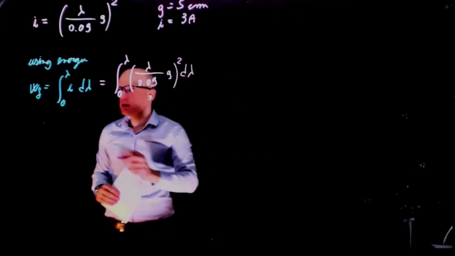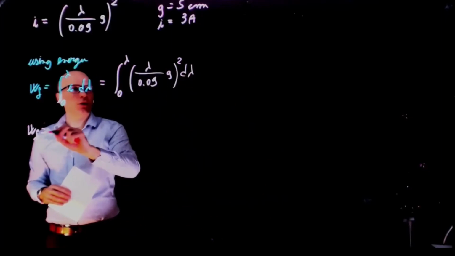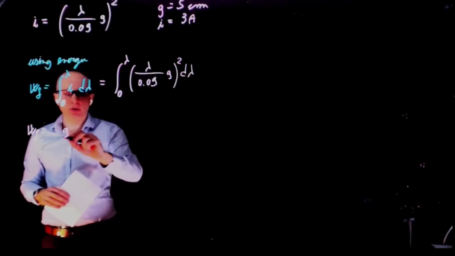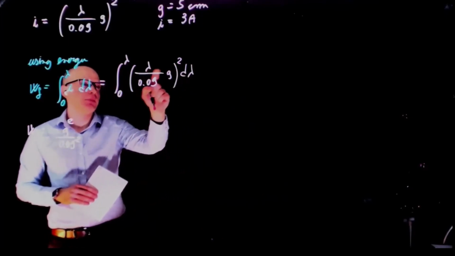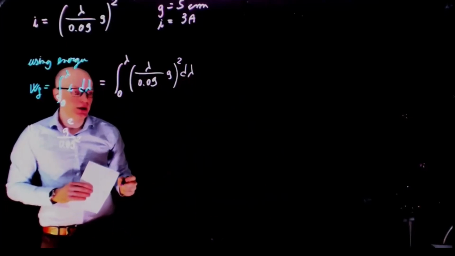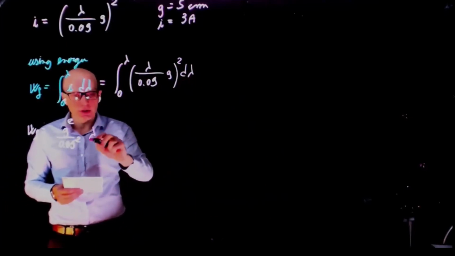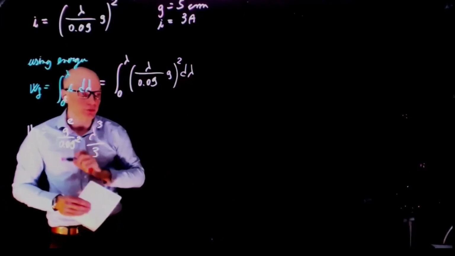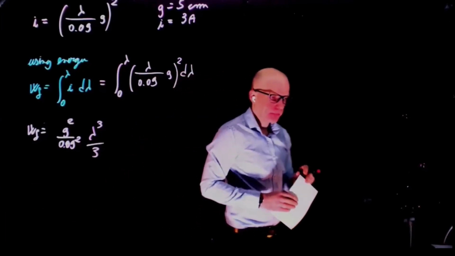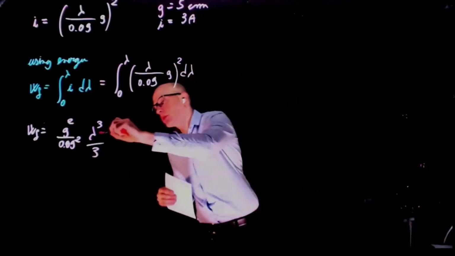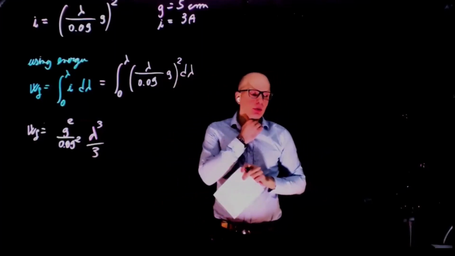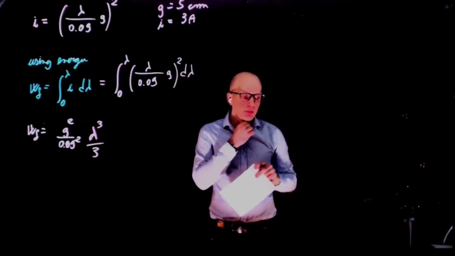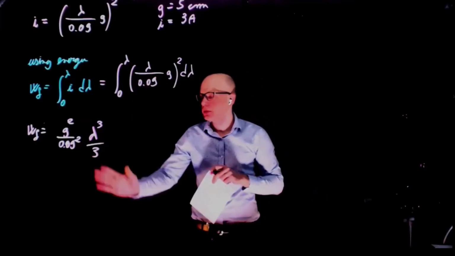This integral is easy to calculate. What is the result there? We have g squared over 0.09 squared times the integral of lambda squared d lambda, and that is lambda cubed over 3, from 0 to lambda.